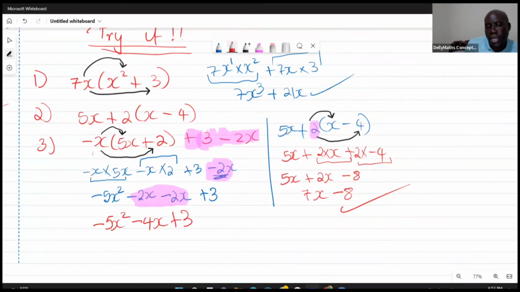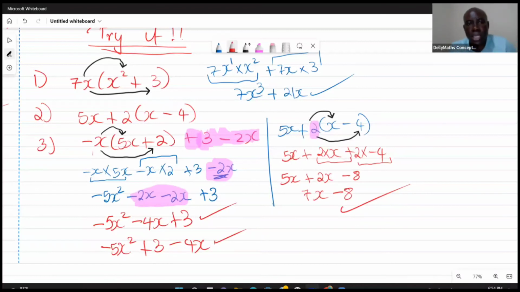Be advised that if you had written negative 5x squared with a positive 3 now and the minus 4x, it is still okay. What am I saying? As long as you have the terms with the right sign, it doesn't matter when you have written them, you are correct as well. So you may not write it the exact way I did, but you're still good to go as long as the signs in front are the same.